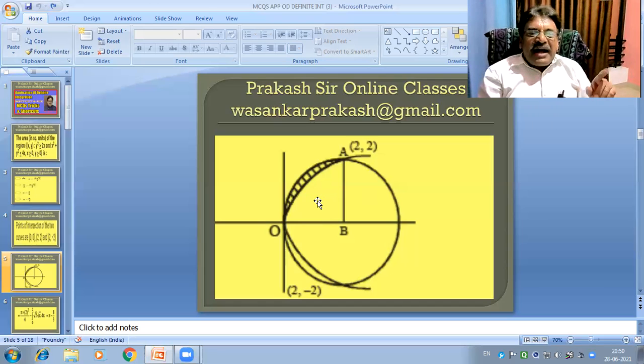That is pi r square upon 4. This is the area of this first quadrant. But here r is equal to 2. So pi into 2 square by 4, and 2 square is 4, so 4 pi by 4, 4 cancels. Therefore the area of the first quadrant is pi.